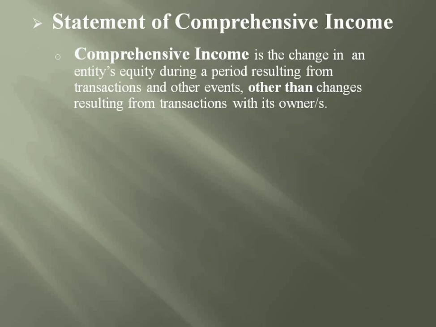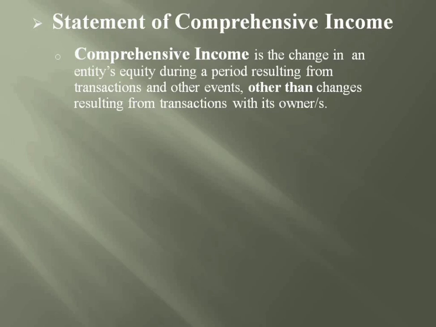Investments and withdrawals or drawings. In other words, comprehensive income is the change in an entity's equity during a period arising from transactions and other events except changes resulting from owners' investments and withdrawals.